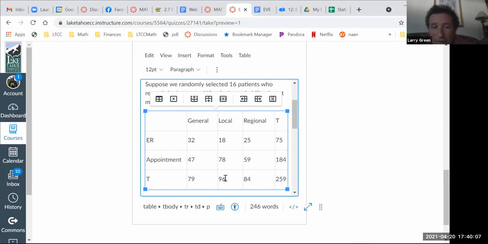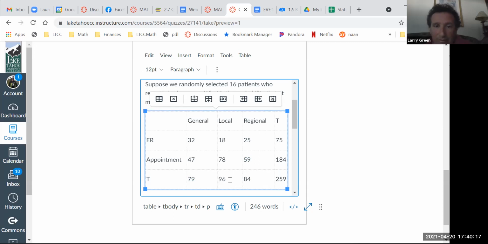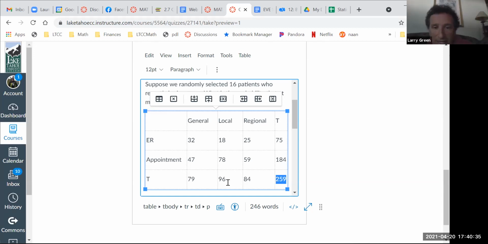So 96 total people had local anesthesia, out of how many? So 96 is the numerator. What's the denominator? 259. That's how you find P. Does that make sense? So 96 out of 259 will be the P.